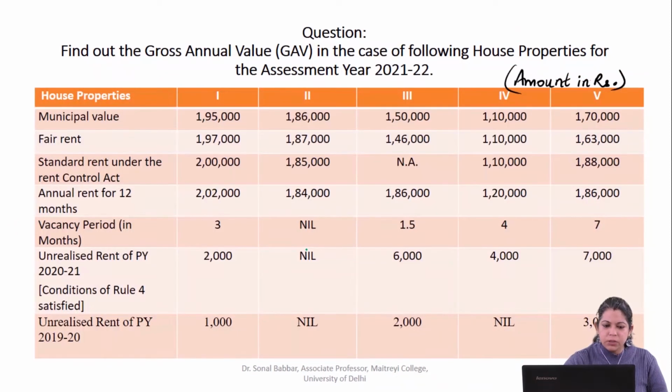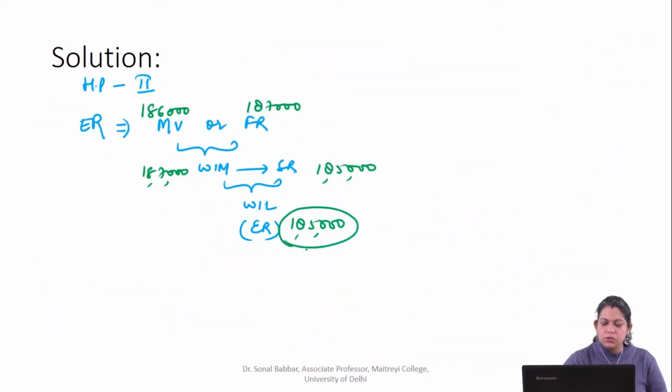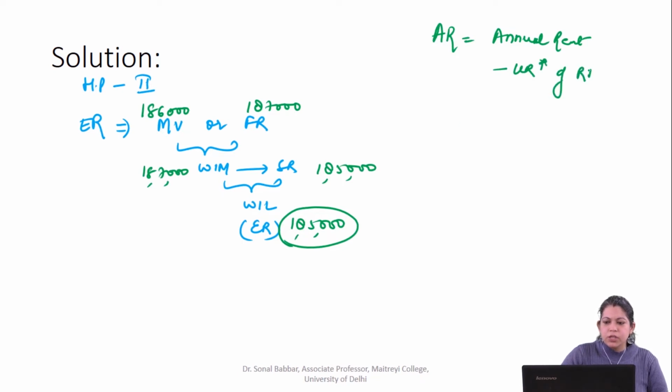Next, we look at the annual rent for 12 months, which is 1,86,000, and there is an unrealized rent of 6,000 with a vacancy period of 1.5 months. So what do we do here? To get the actual rent, we take annual rent and subtract from it the unrealized rent with an asterisk marked over here, suggesting that the conditions of Rule 4 must be satisfied.